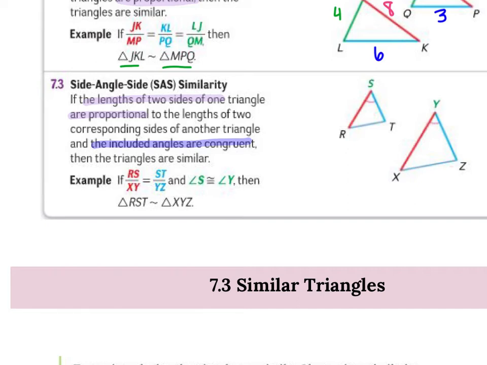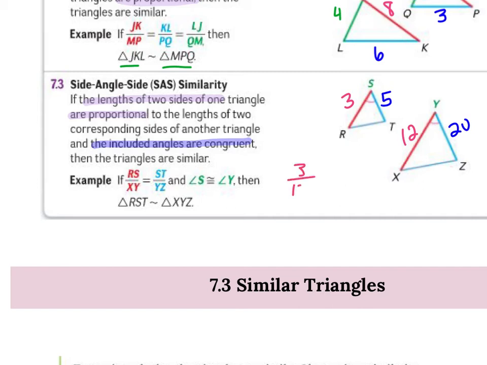Okay, so like before, proportional, we're going to say RS, if this is theoretically 3, okay, and XY is 12, then in order for them to be proportional, ST would have to be, say, let's say 5, and then YZ would be 20.